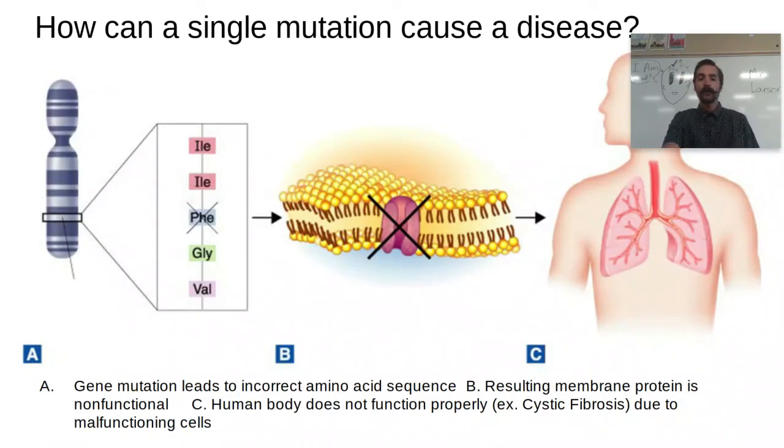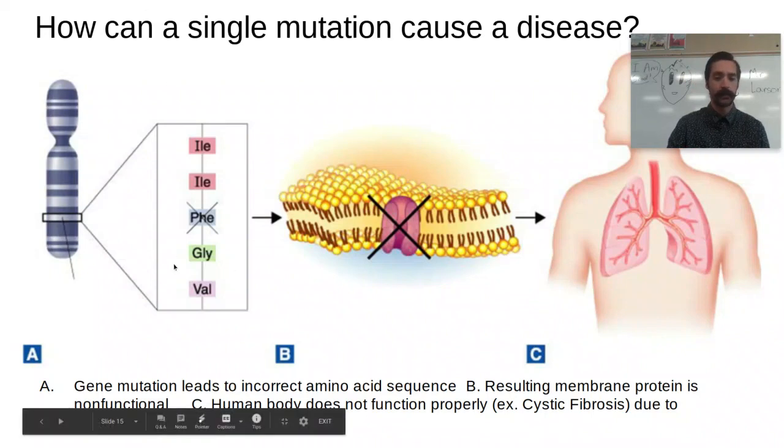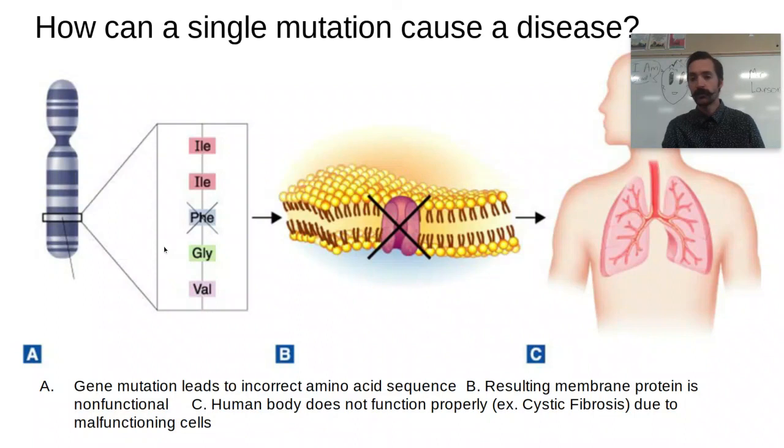So basically, how can a single mutation cause a disease? We've looked at different genetic disorders, but how does this happen, and how do these carriers happen? How do these genetic traits differ between people? First, you have your A step here. A gene mutation leads to an incorrect amino acid sequence. We've looked at this in past digital lessons.